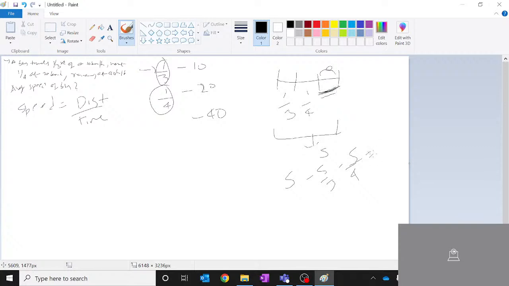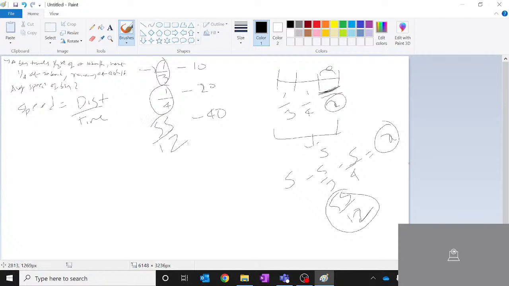The remaining part, let's assume this is X, is the distance I want to know in terms of S. If you take the LCM between 3 and 4, which is 12, you get 12s minus 4s minus 3s, which is 5s by 12. So the remaining distance is 5s by 12.